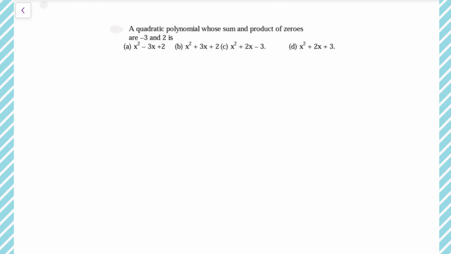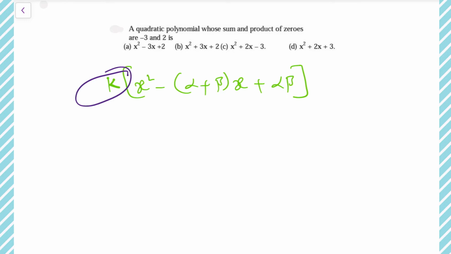Next, a quadratic polynomial whose sum and product of the zeros are given. The formula is k into x square minus alpha plus beta into x plus alpha beta. Till now we are not getting any question where, after simplification, we will get some denominator. If some denominator is there, then only we will use this k, otherwise that k is just silent.